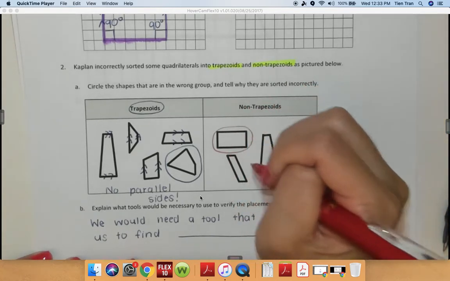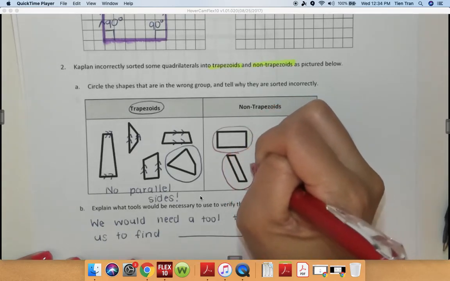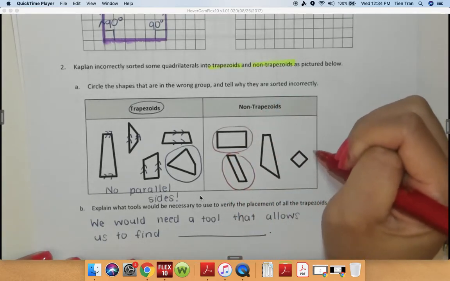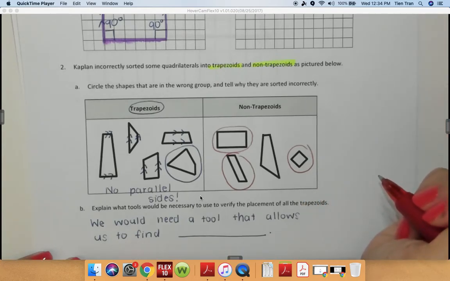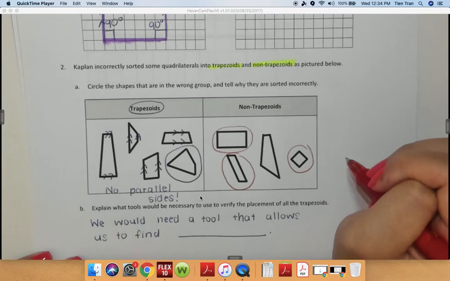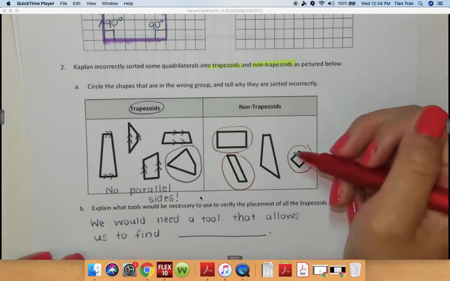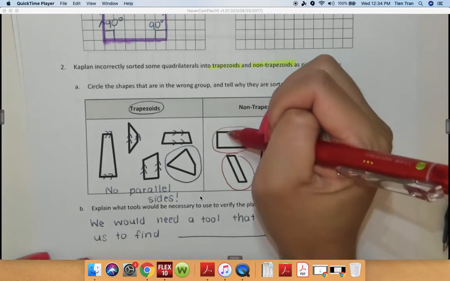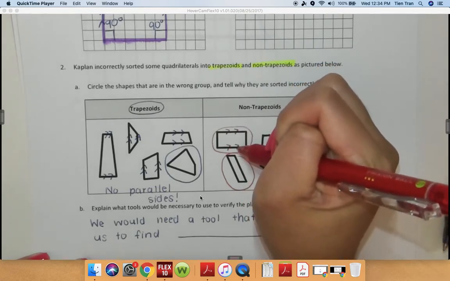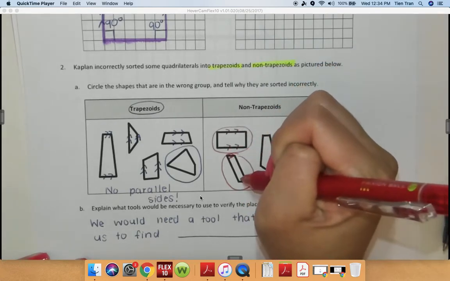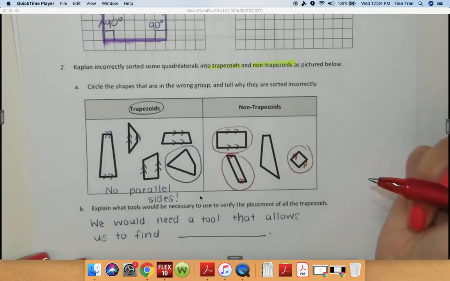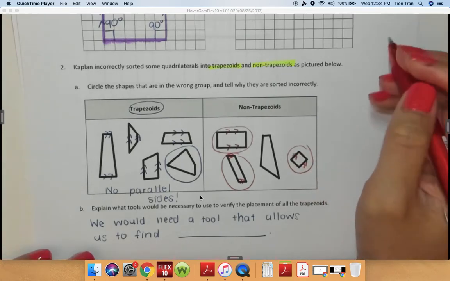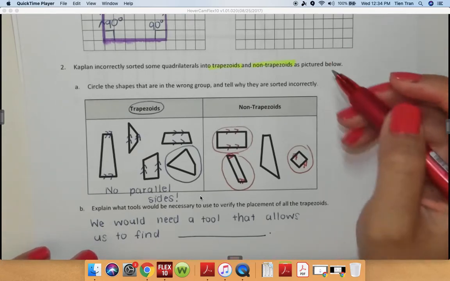And then this one is also a non-trapezoid. And this one as well. So, these are considered trapezoids because they all have parallel sides. This one right here has parallel sides. This one has more than one parallel side. It has 2. So these are all trapezoids.